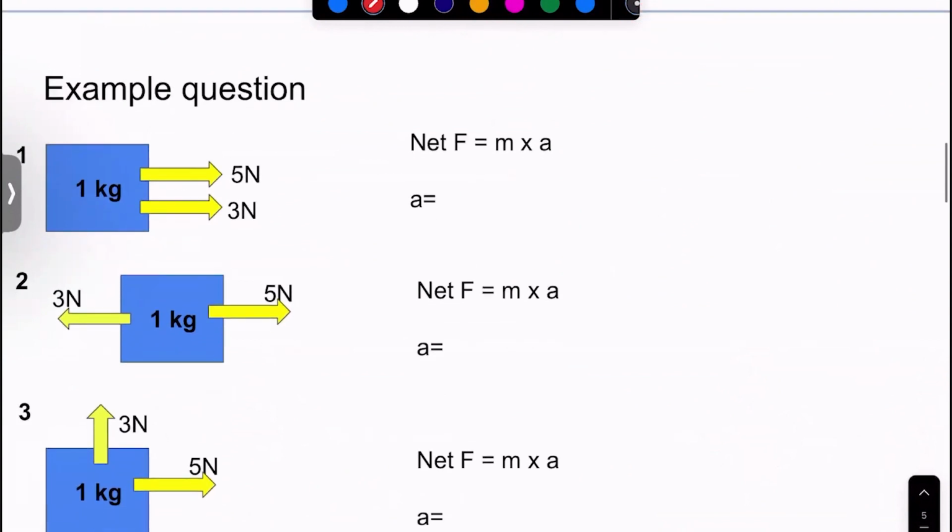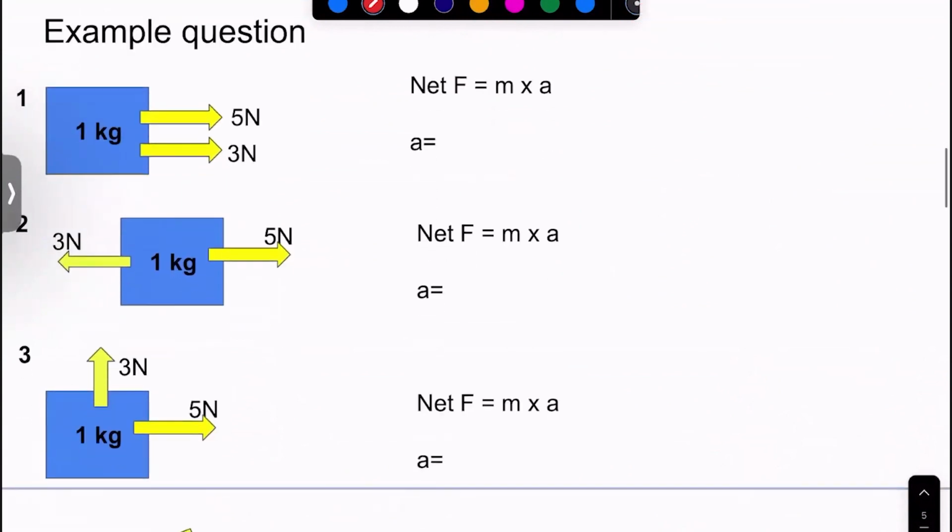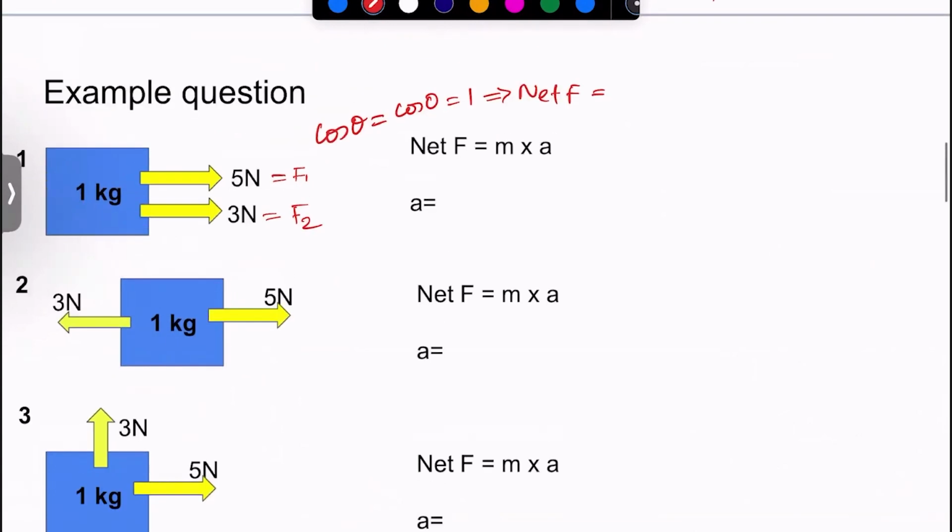Now we will see an example. So first case is what? F1 and F2, so this is F1 and this is F2. They are in the same direction. So cos theta, cos 0, is equal to 1. So we know the net force is F1 plus F2. That intuitively also you can understand, right?